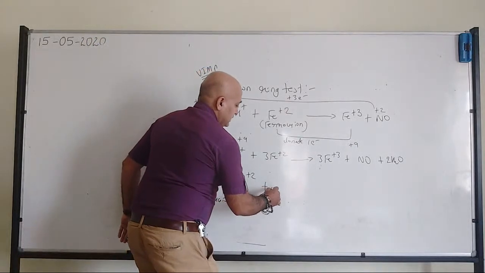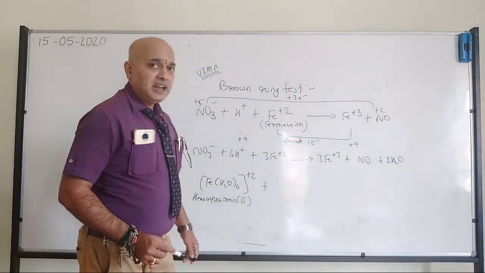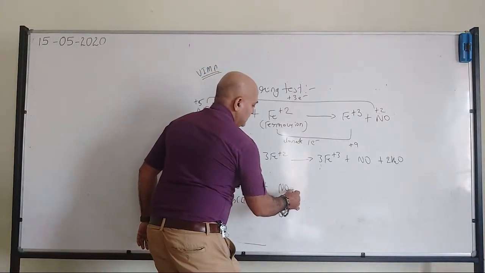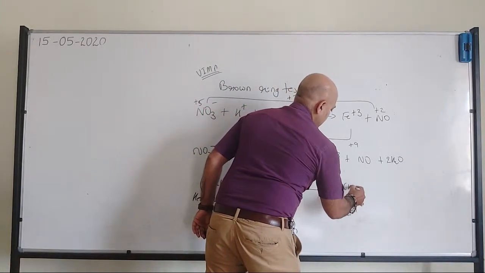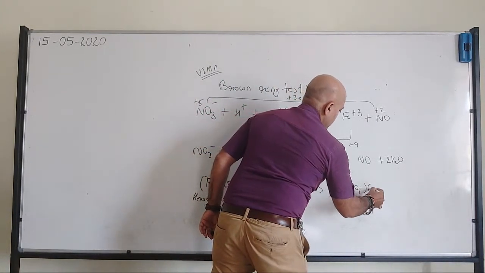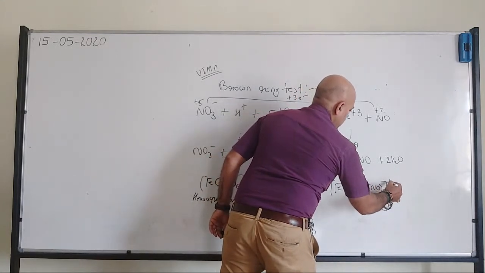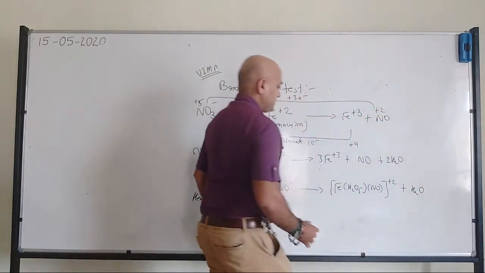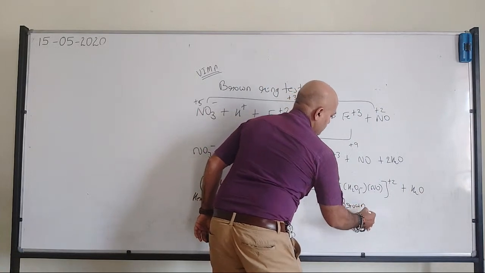Now, in the presence of the nitric oxide that is formed there, it will take up that nitric oxide and it will become [Fe(H2O)5NO]2+. That will be plus 2 and one water molecule will be released. So this is the one which will give the brown color.